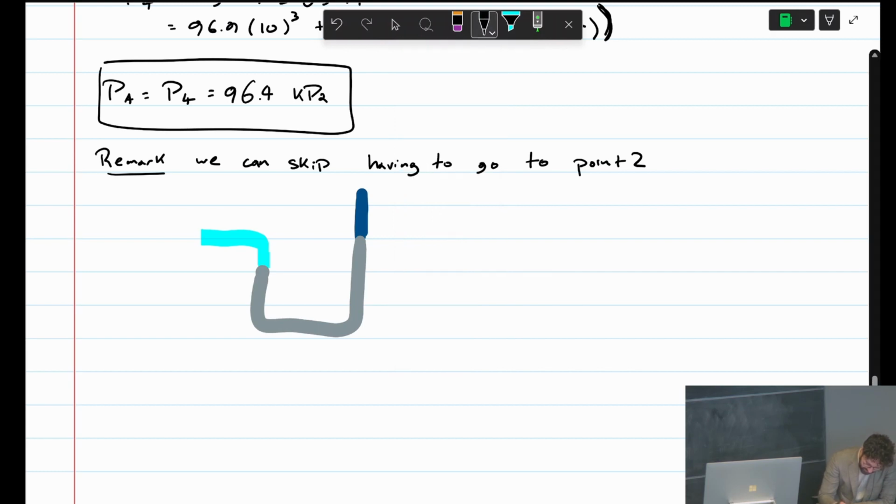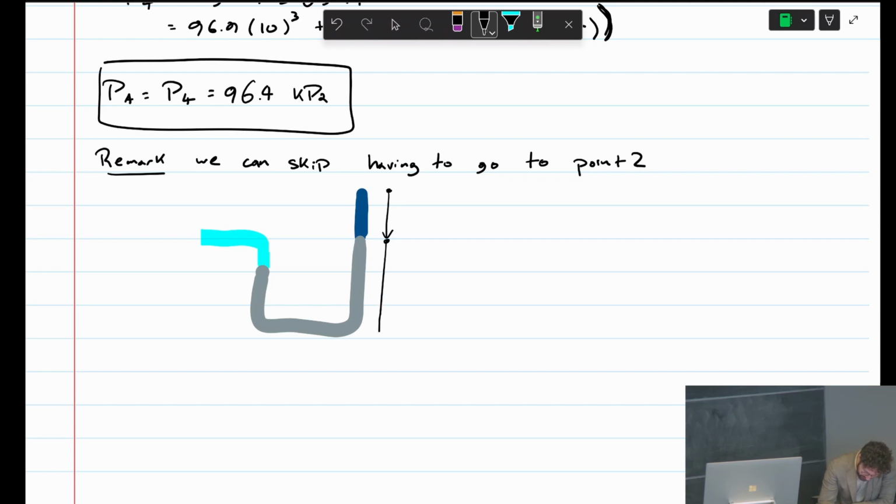So what we did, just as a review, in the problem was we started here, into here, into here, then applied Pascal's law to go straight across here, and back up, then here, and then Pascal's law again. So that's the route we took.